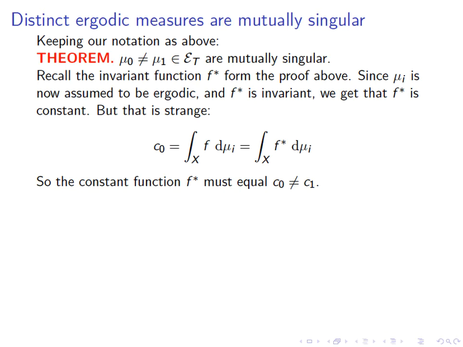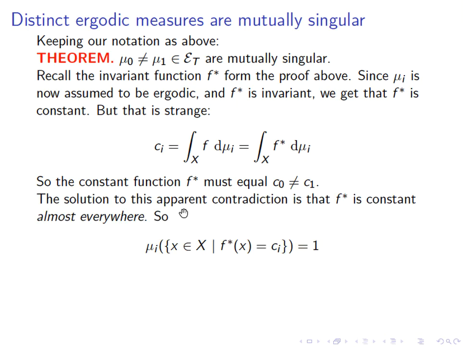But this is a bit strange, because the integral c_i was defined to be the integral of the function f with respect to the measure mu_i, that equals, we know from the ergodic theorem, the integral of f star. But the integral of f star d mu_i is just the value of f star. So f star must be a constant function that equals two different values, c1 and c0, and these two are distinct. What is the solution to this conundrum?